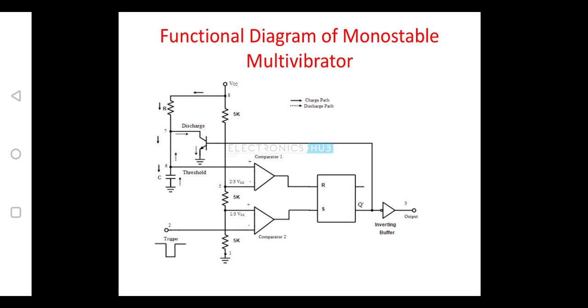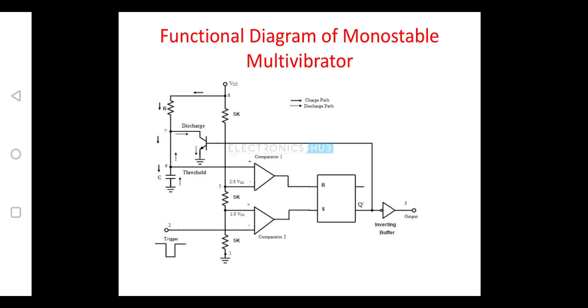In this case, it consists of one stable state and one quasi-stable state. So, whenever you are applying a trigger, only then it is moving from one to the other. If we are not applying any trigger pulse, it will continue in the same state.